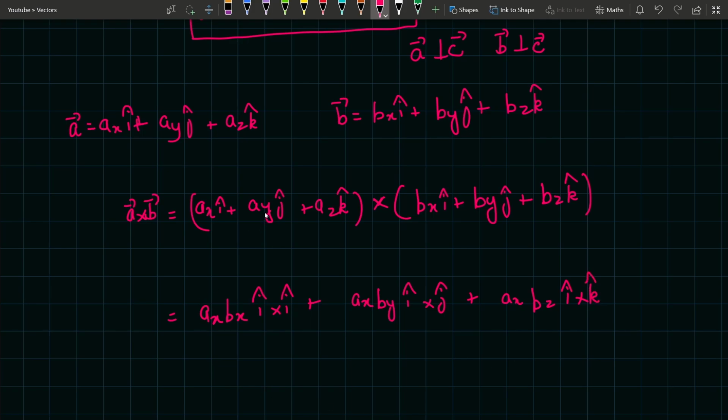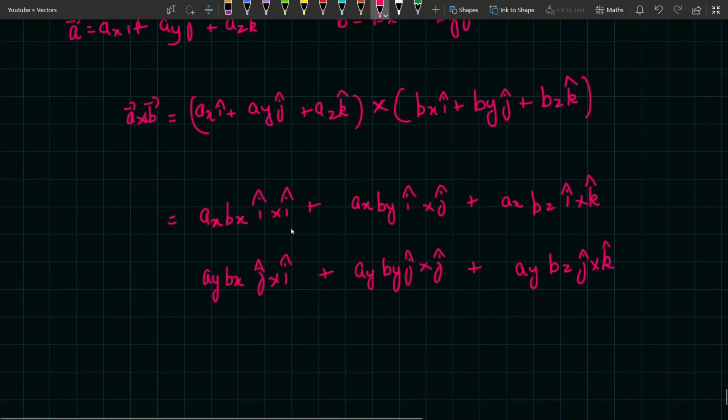And the second thing, Ay should be multiplied to all the three: Ay into Bx J cap cross I cap plus Ay into By J cap cross J cap plus Ay into Bz J cap cross K cap.